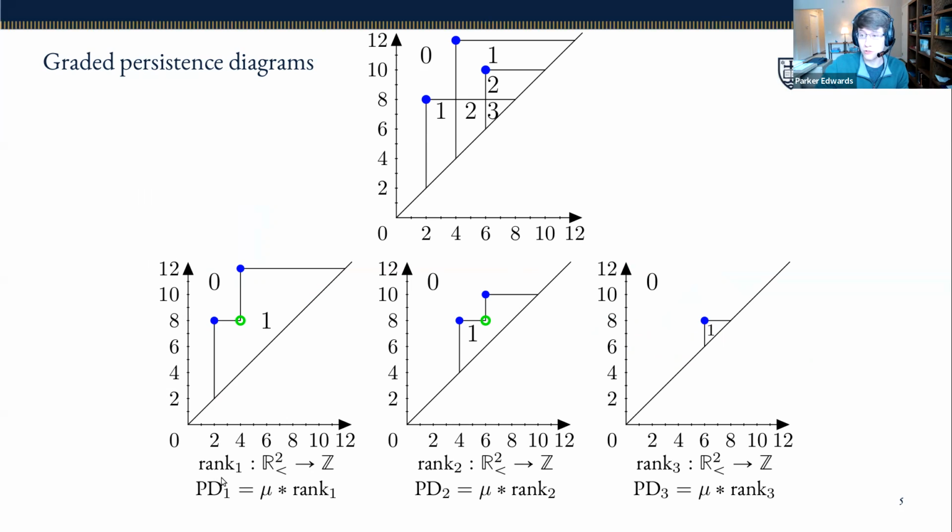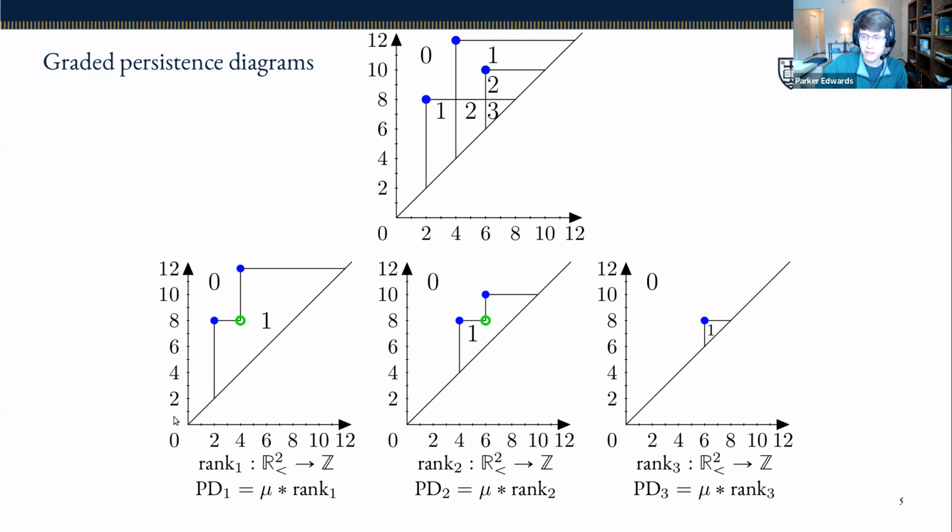So this is the first graded rank function corresponding to this module. And it just takes values 1 wherever the rank was at least 1. It takes values 0 everywhere else, which should sound fairly familiar in the transition between slides. Similarly, you can define the second graded rank function and the third, so on.